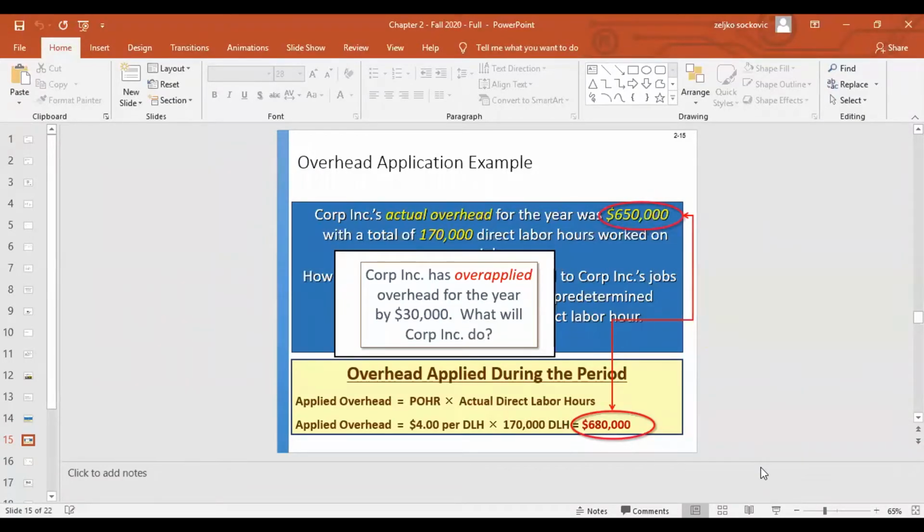Which number are you talking about? Well, the applied overhead, I assume this is the number we would use. Okay, well, applied overhead is just a combination of our POHR and actual activity. Now, think about it. What does it consist of? What do these numbers mean?